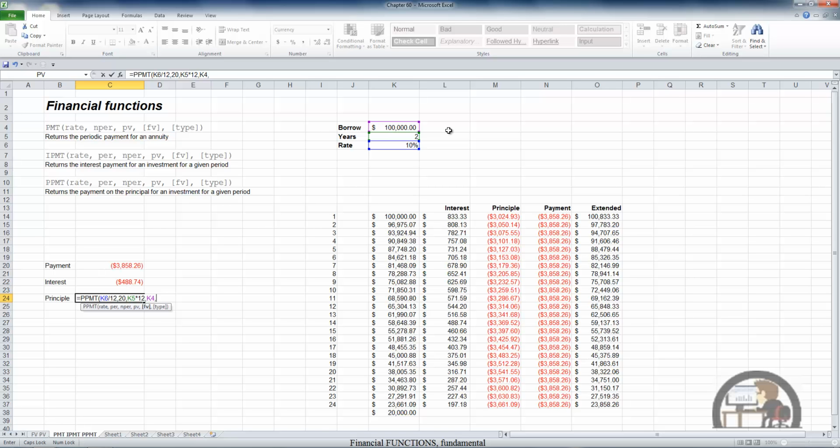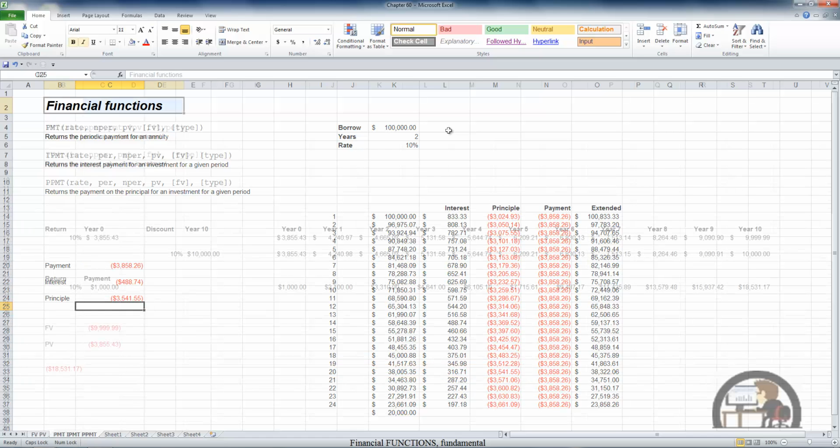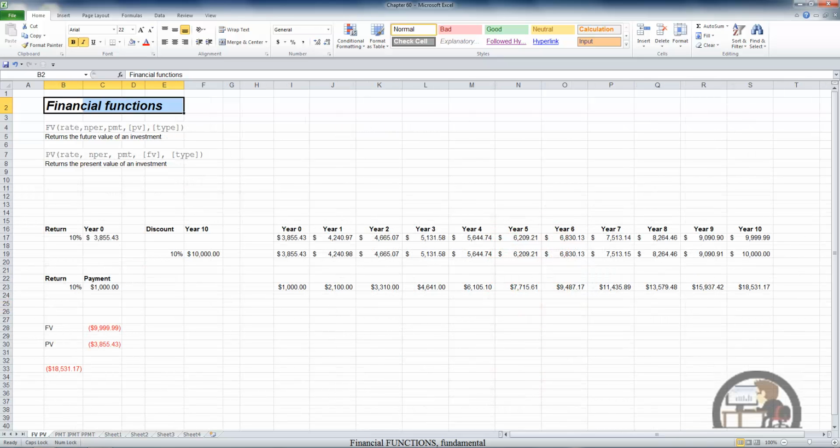The future value is negative $20,000 because we have that balloon payment again. And the type is at the end of the period, enter, and the principal that's paid on the 20th payment in the schedule and the return that we got from the PPMT function is $3,541.55.